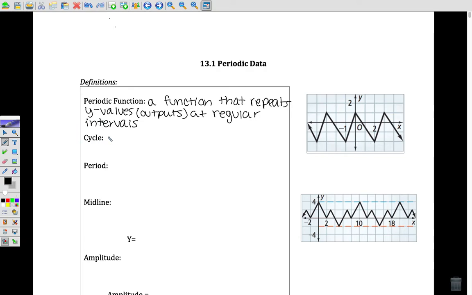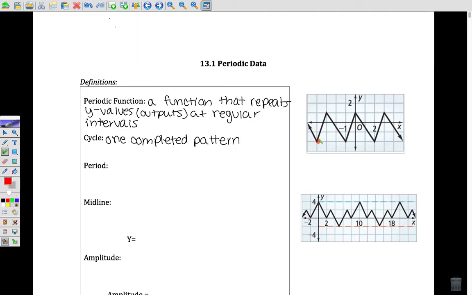So a cycle is just what we call one completed pattern. If we look at this graph on the right, this pattern keeps repeating over and over again. I could identify one cycle a couple different ways.